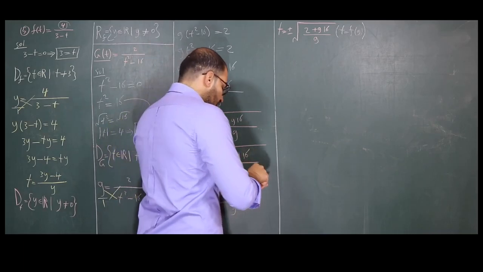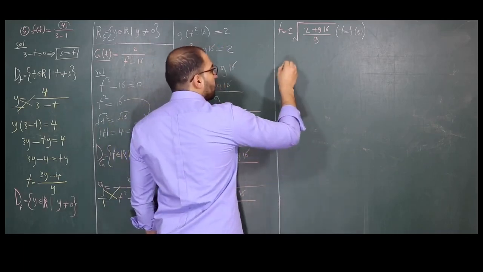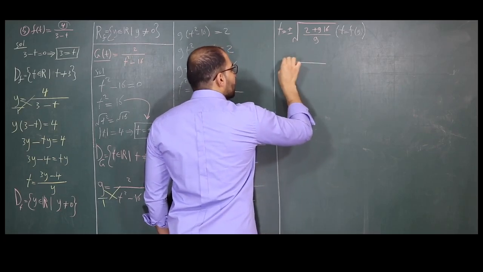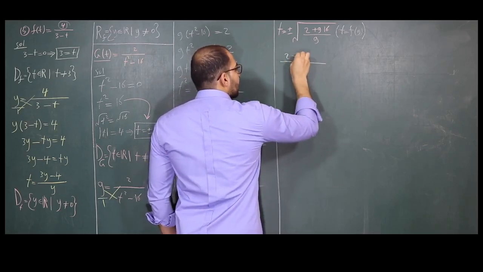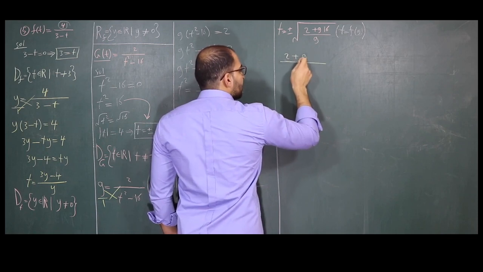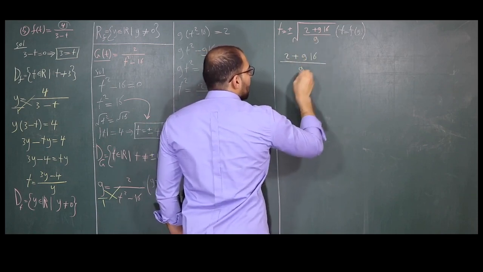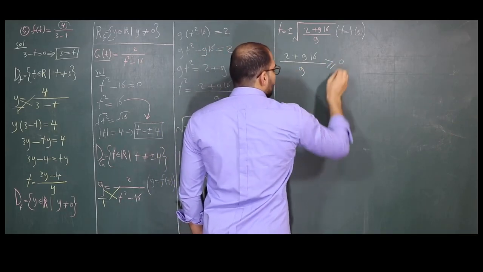If we want to find the domain of a square root function, we need to restrict G so that the expression inside the square root must be greater than or equal to 0.